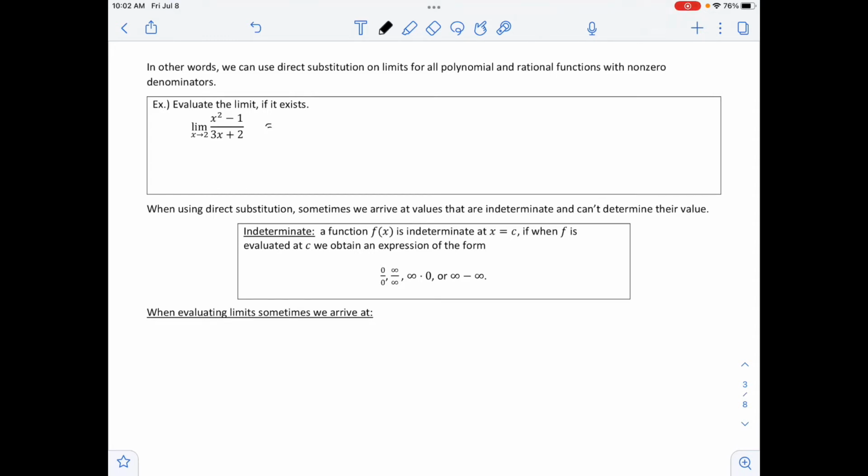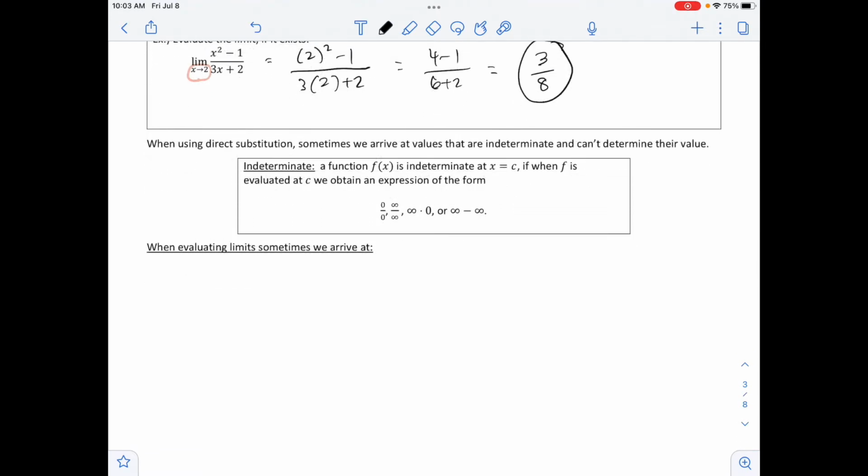So for this, using direct substitution, the value that x is approaching is 2. So I'm going to substitute in 2 for our x values. Working this out, we get 4 minus 1 over 6 plus 2, which works out to being 3 over 8. So this was a lot faster than creating a table or graphing this function.